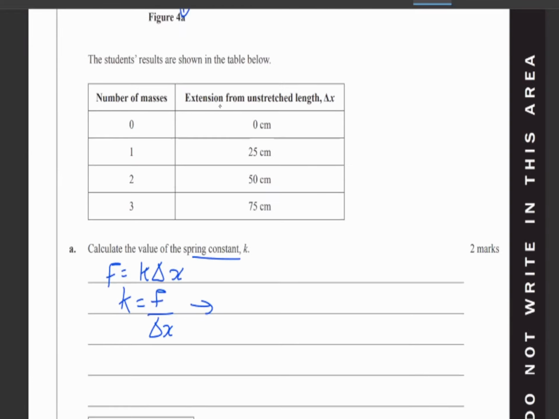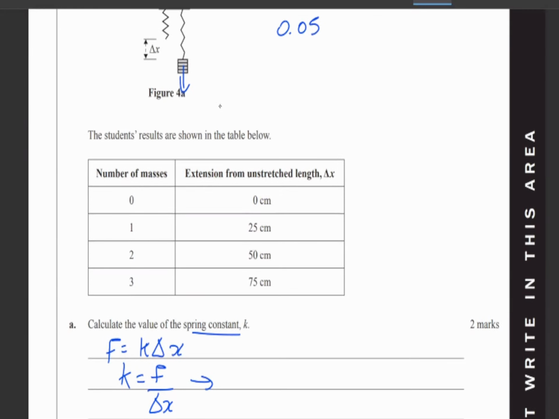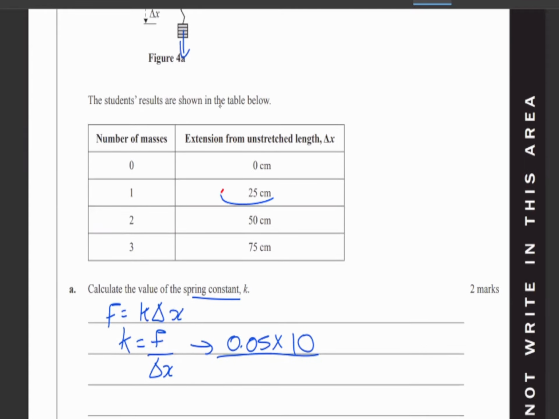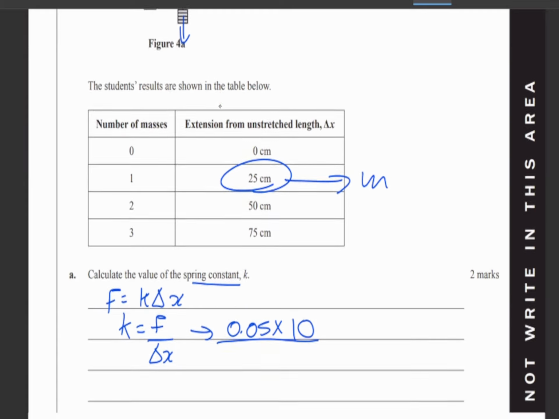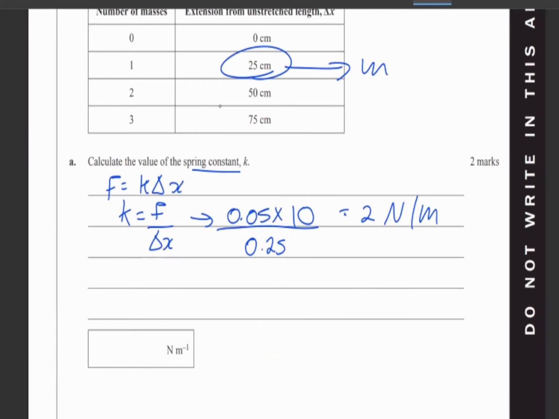So F is just the weight force, which is M times G over change in X, but we need this to be in meters always, standard units, which is 2 newtons per meter.